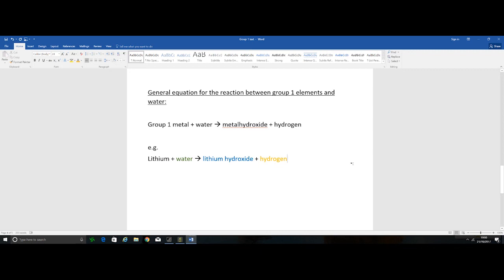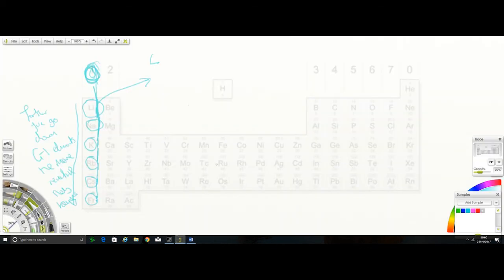So with group 1 elements, I'll write it down as well. We've done lithium, so I'm going to skip lithium. What we'd have is sodium plus water makes sodium hydroxide, plus your hydrogen gas. And with potassium, it's going to be very similar.